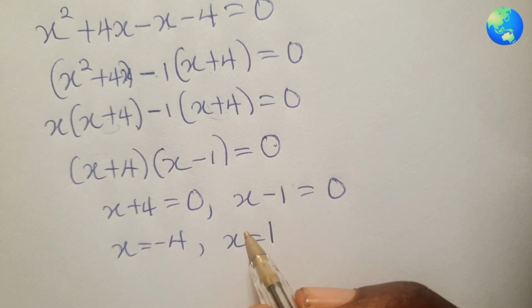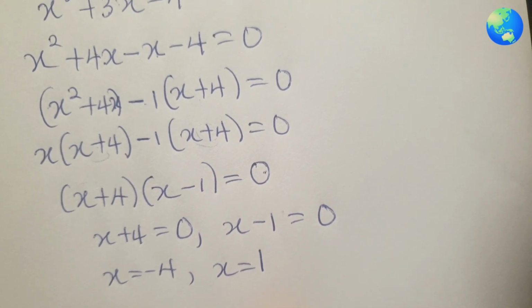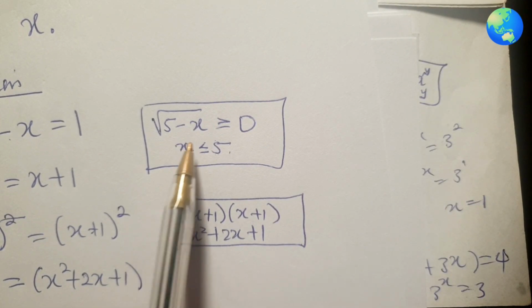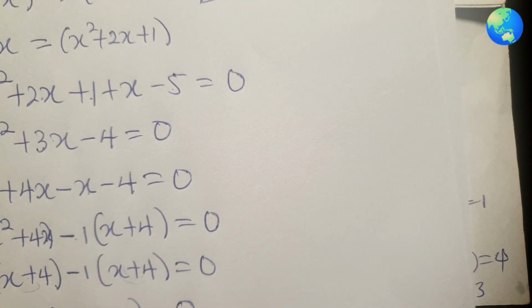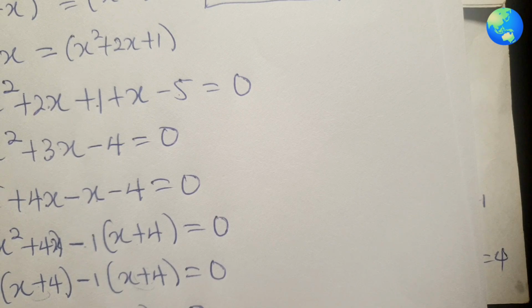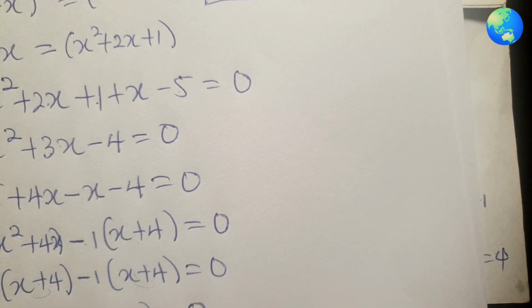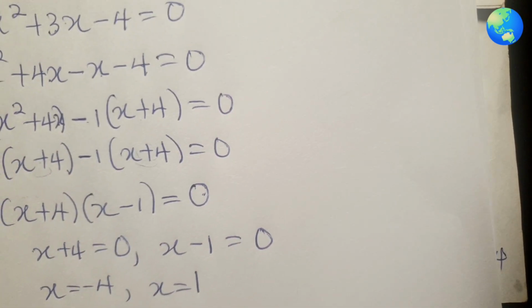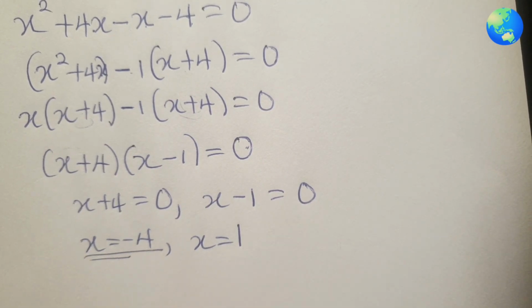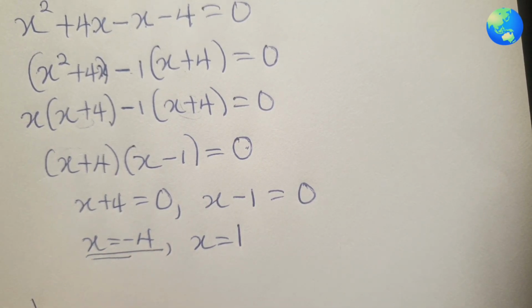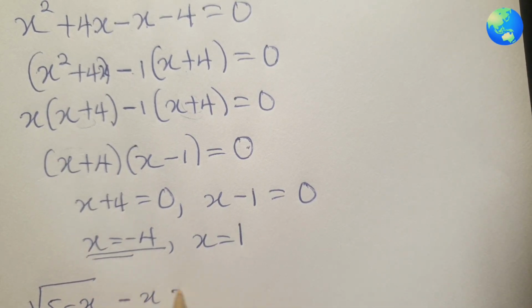But recall, we've given our domain to be less than or equal to 5, which we stated from the beginning of the video. Let's check something, because we have two results for x, but we need to pick one to be the valid answer. Recall that the question is square root of 5 minus x equals 1.